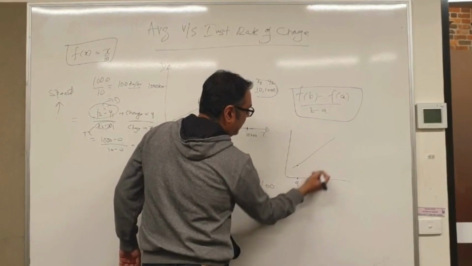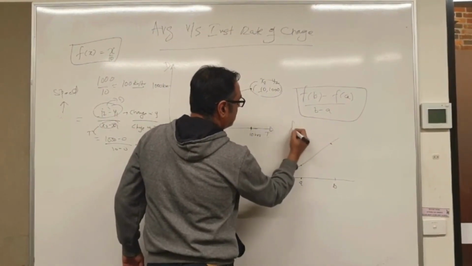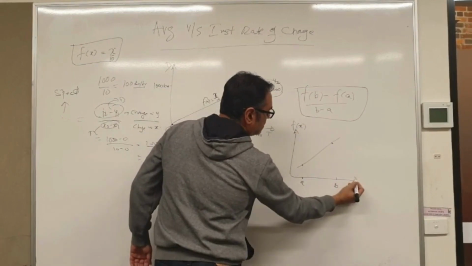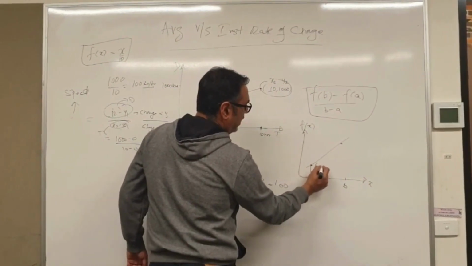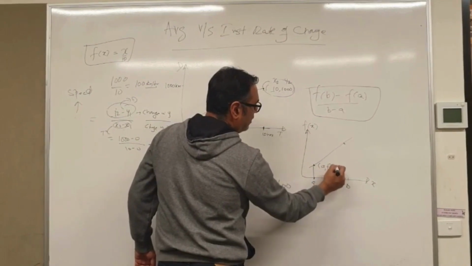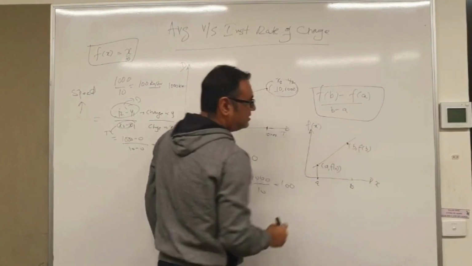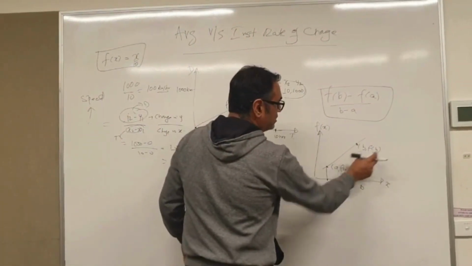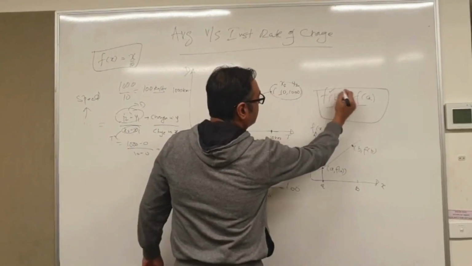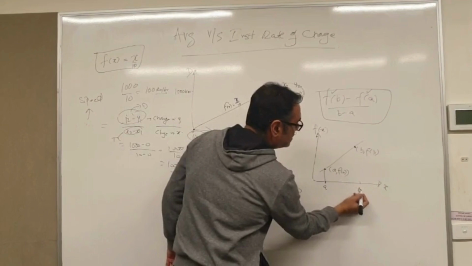This point is a, and this point is b, and this is your f of x, and this is your x. So this point is what? A comma f of a, and this point is b comma f of b.